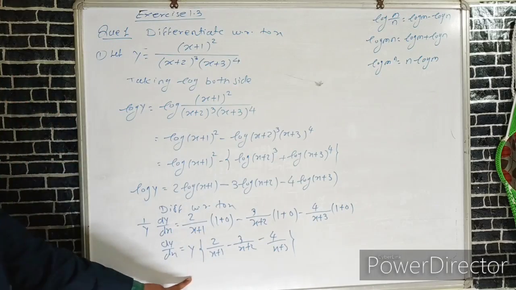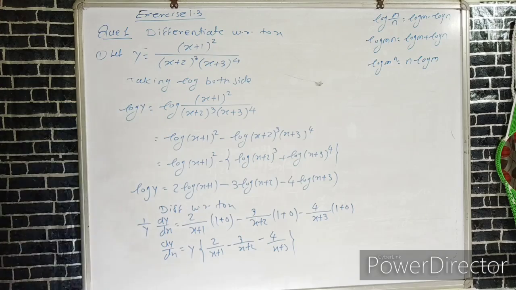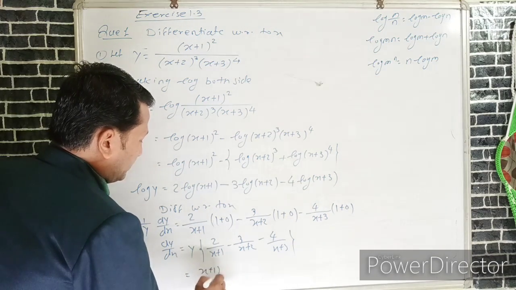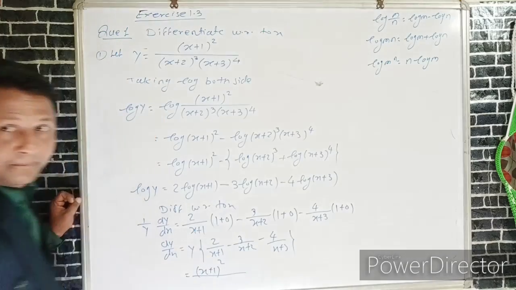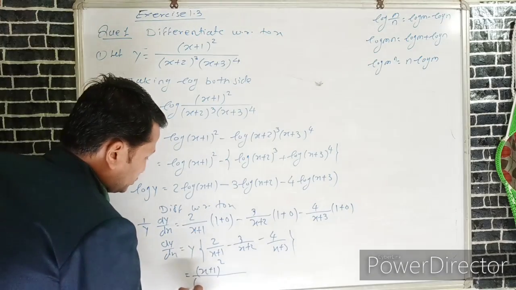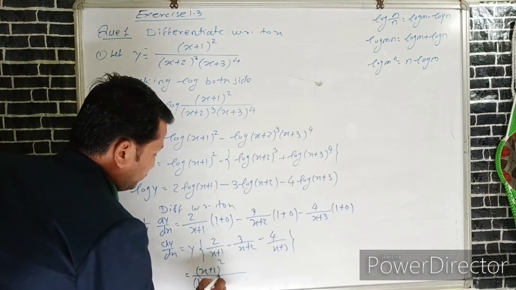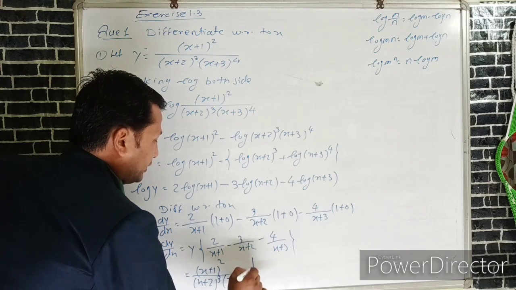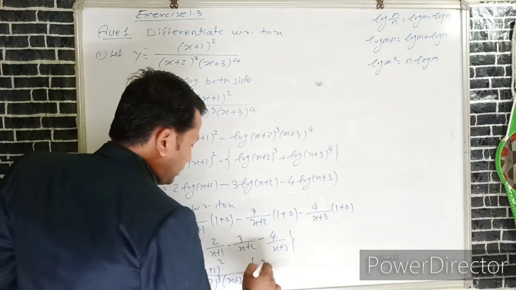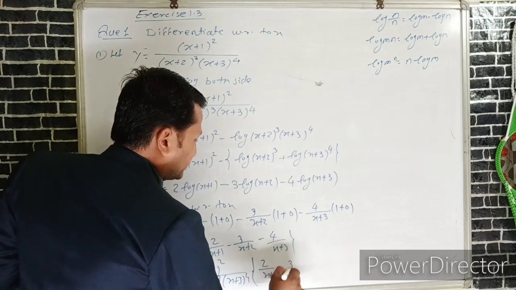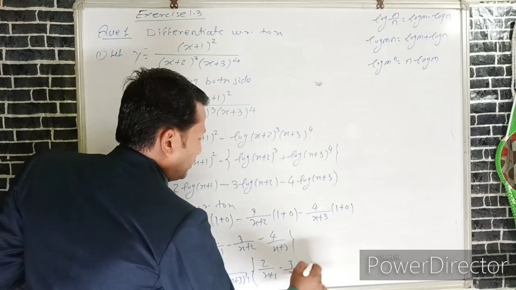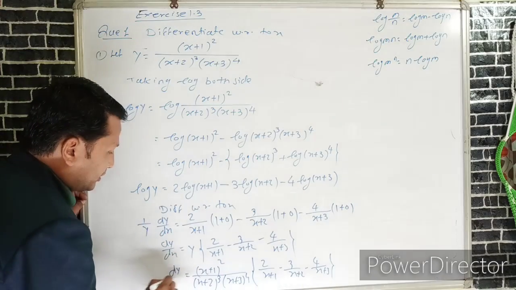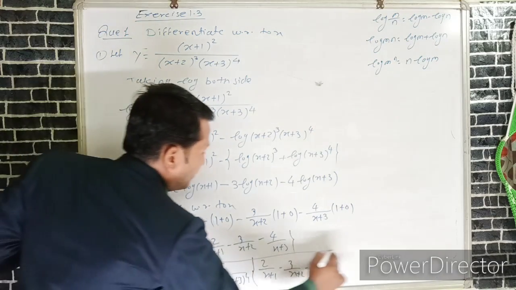If we substitute the value of y in this equation, we can write y, which is (x plus 1) whole square upon (x plus 2) cube into (x plus 3) whole raised to the power 4, into 2 upon (x plus 1) minus 3 upon (x plus 2) minus 4 upon (x plus 3), which is the required derivative dy upon dx.